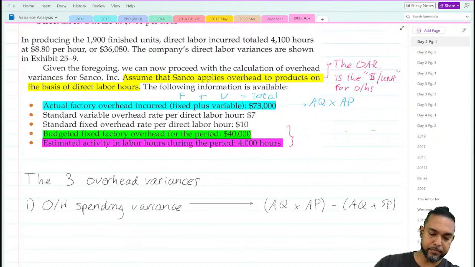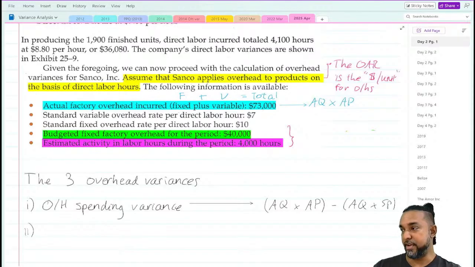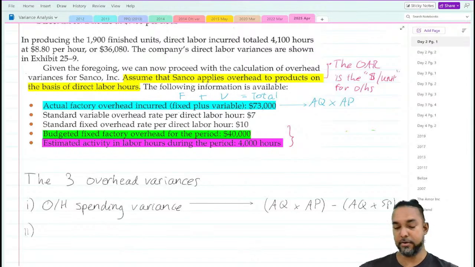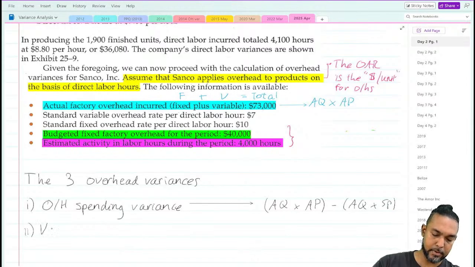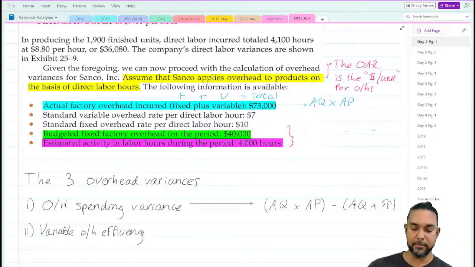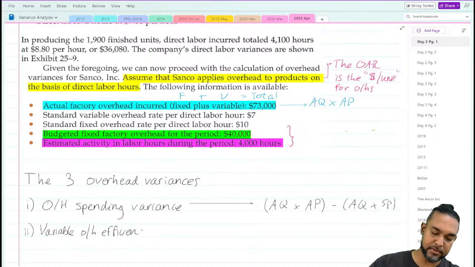Now we have the next one, which is the variable overhead efficiency variance. So efficiency is kind of like quantity or rate variance.